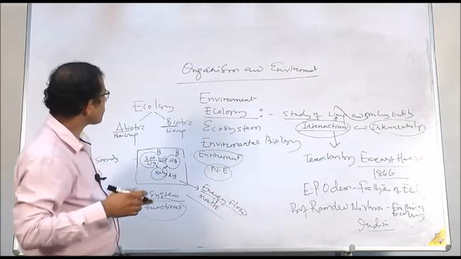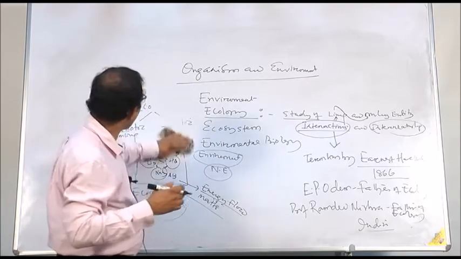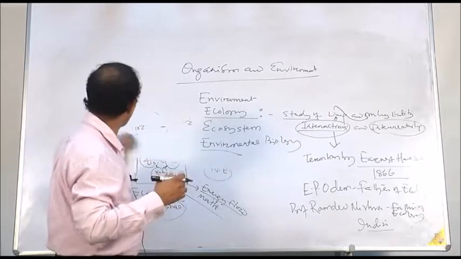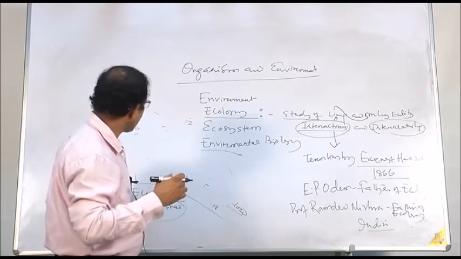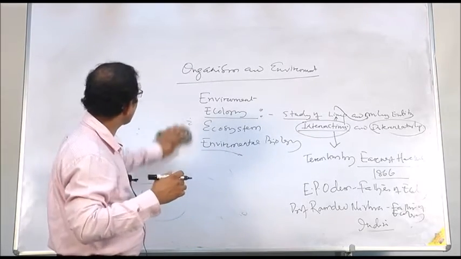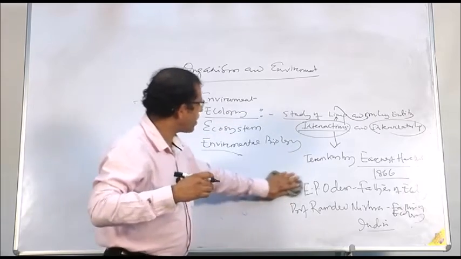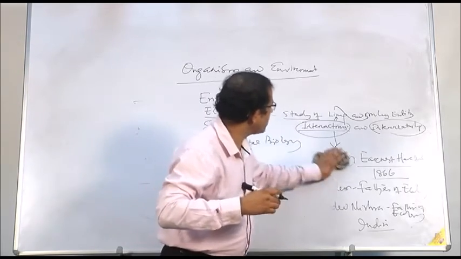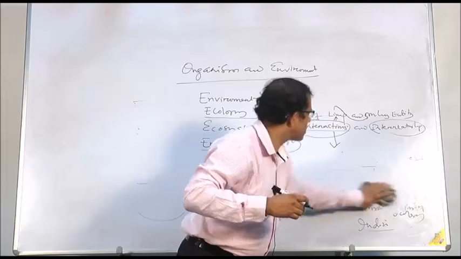The next part is environmental biology, which is an even broader term. You can say this is an interdisciplinary science.